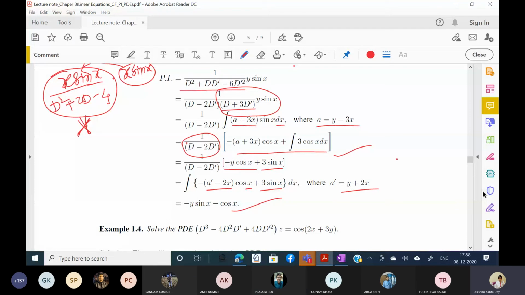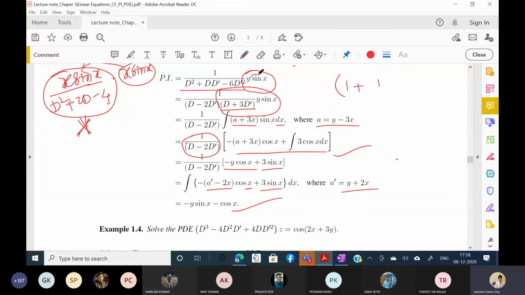Now I have one question. In this case, can you apply this in terms of ascending powers of d and d dash, or d by d dash or d dash by d, whatever, and then operate on y sin x? Can you do that? No, sir, it is not in polynomial format. Yes, very good.